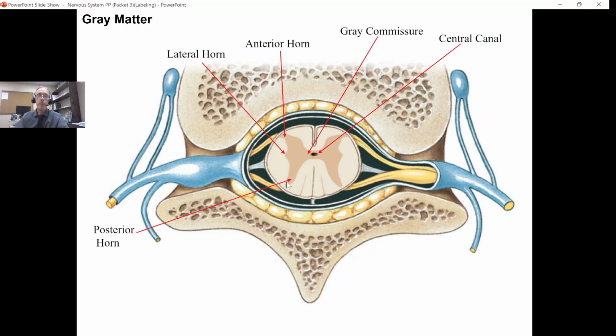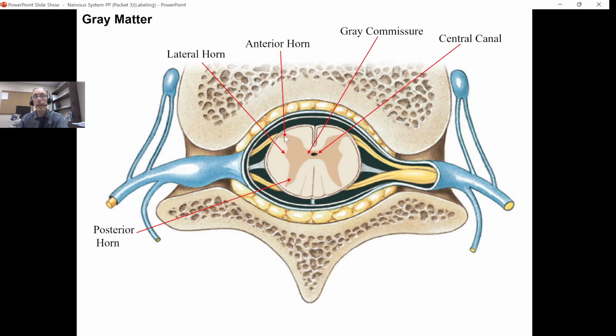Anything that you touch, maybe that's hot or cold, anything painful coming from your body, pressure, vibration, any of those sensations, that information is going to head towards your spinal cord, but go in the back of the spinal cord, again, into the posterior horn right here. Or again, you could call it the dorsal horn.